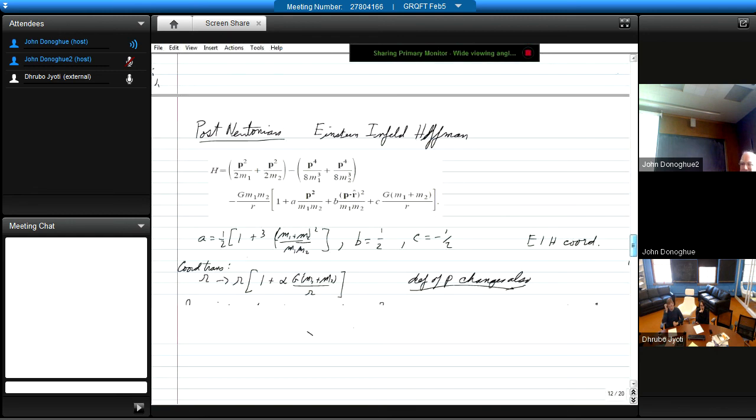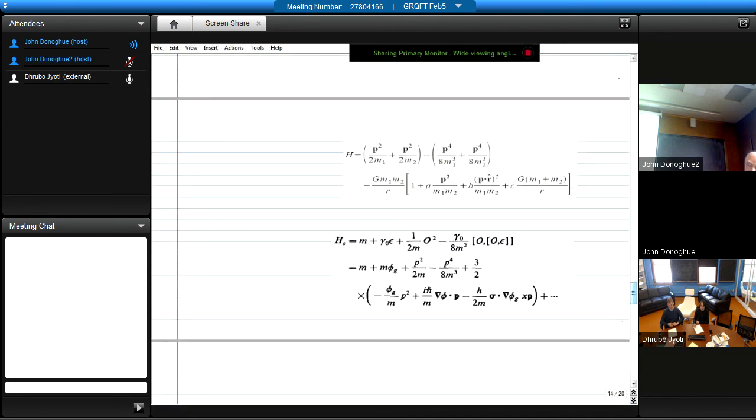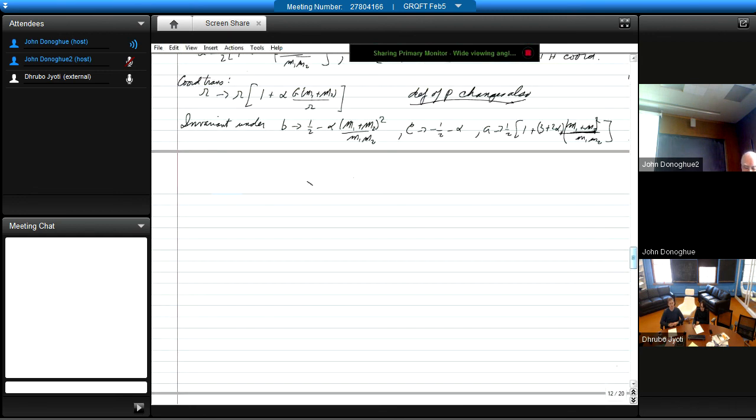The other thing that I brought in, this is less consequential, but I know of no good use for this. There are also quantum corrections to the post-Newtonian potential.